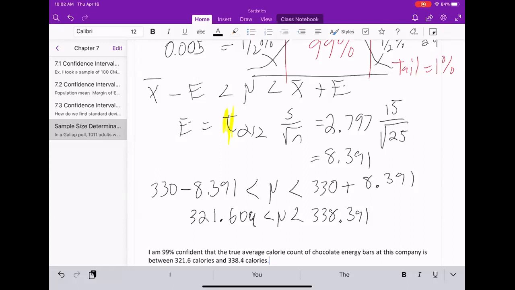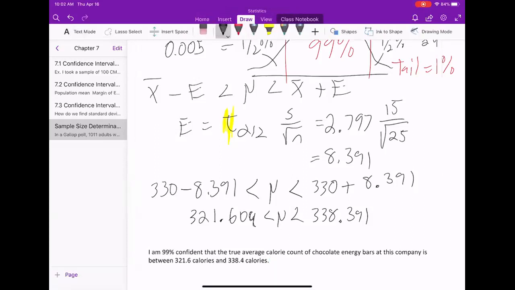Up in the E equals T alpha over 2, what does the alpha over 2 do? Now it's just a symbol. That just means you take your tails and divide it by 2, because remember, the symbol for tails is alpha. So I just wrote out the word tail instead of alpha. We have 2 tails, so make sure you take your percentage in your tails and divide it by 2.